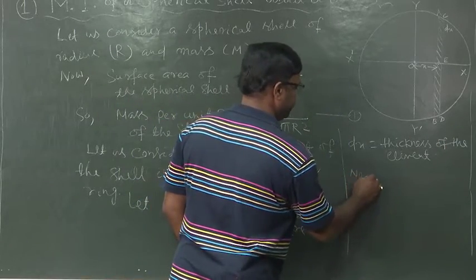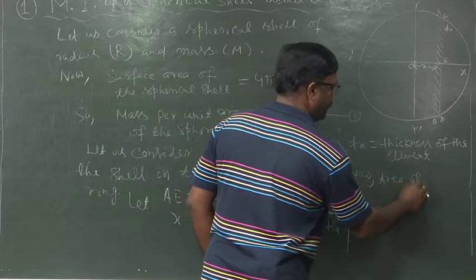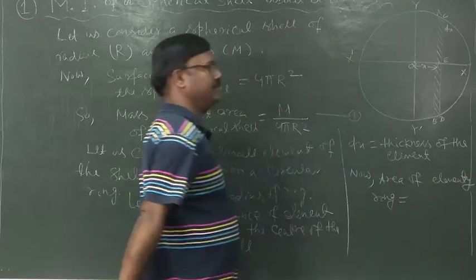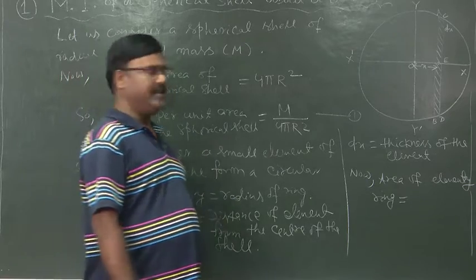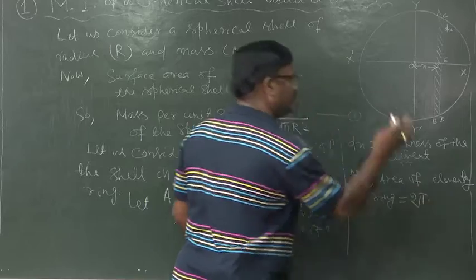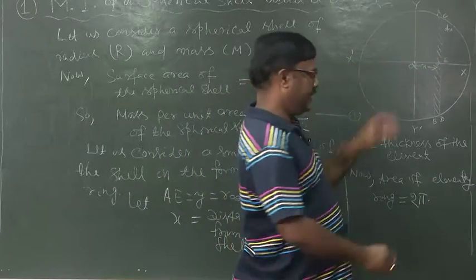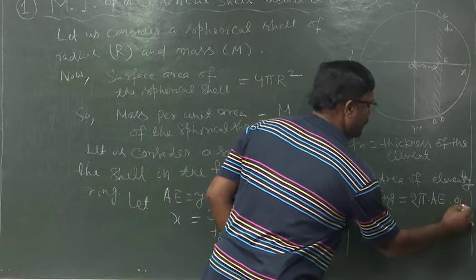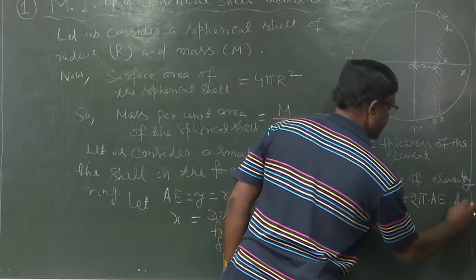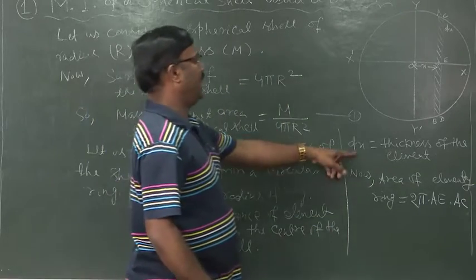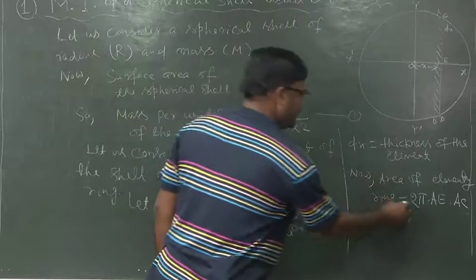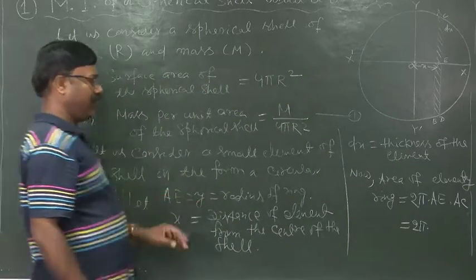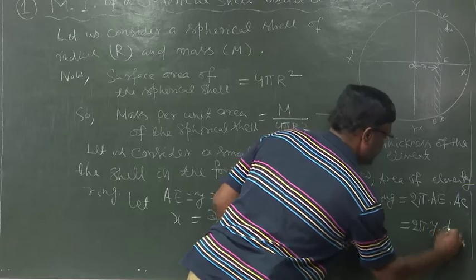Now, area of the elementary ring is equal to 2 pi into radius, which we have taken as AE, into distance OE into the thickness, because we have taken the thickness to be dx, which is equal to 2 pi into y, since A E is nothing but y we have taken, into dx.